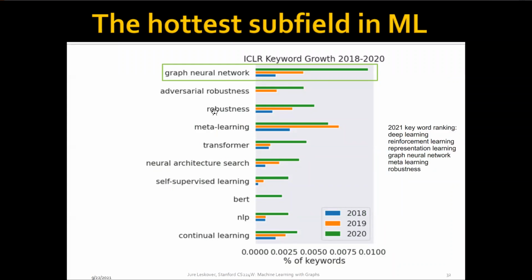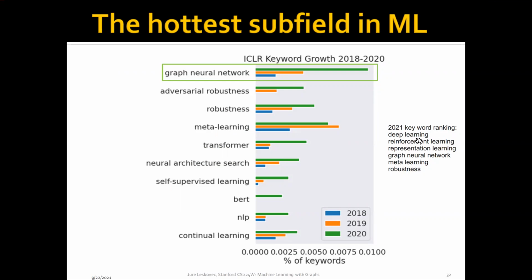And here it shows how popular graph neural network grows over years from 2018 to 2020. So you see the keywords growth just explode there. So it gains more and more interest in the research field. And also I just searched the 2021 keyword. So this is just a keyword ranking.